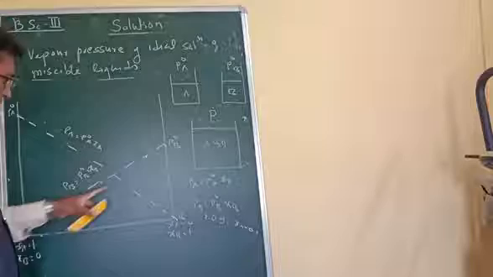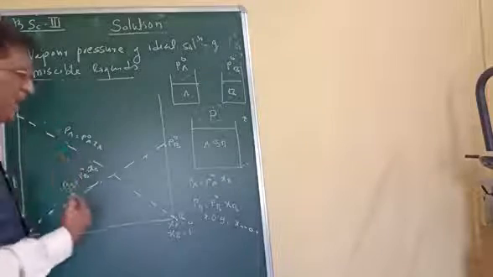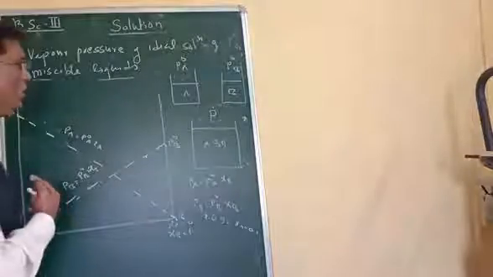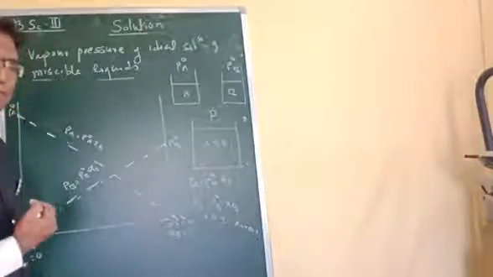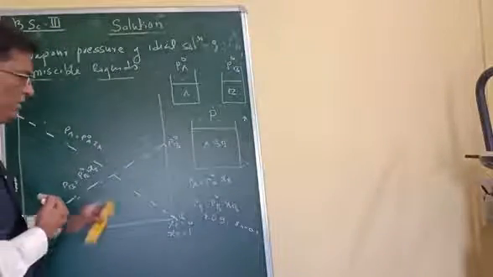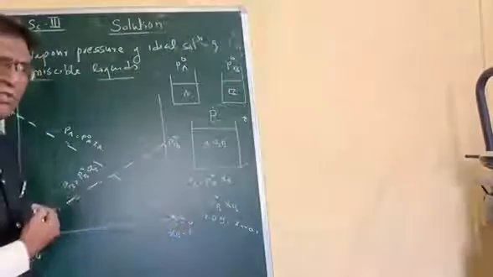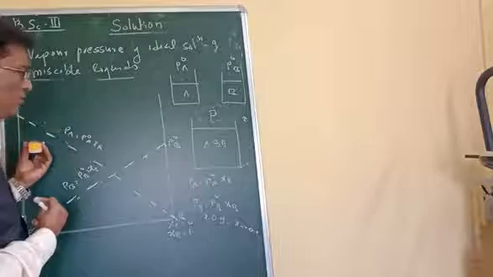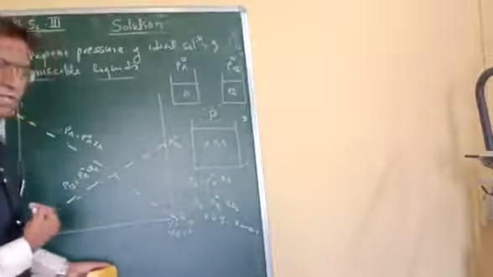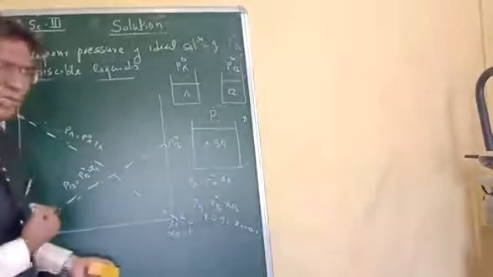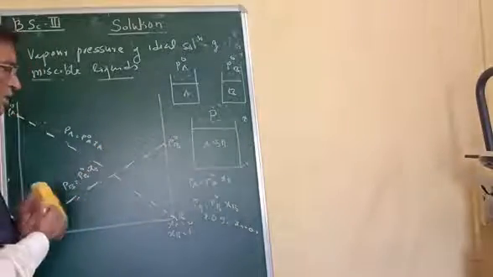These are the two dotted straight lines which represent the partial vapor pressures of A and B respectively. And these are straight lines according to these equations. If we plot the partial pressure of A versus mole fraction XA, and the partial vapor pressure of B versus mole fraction XB, then we get two straight lines.